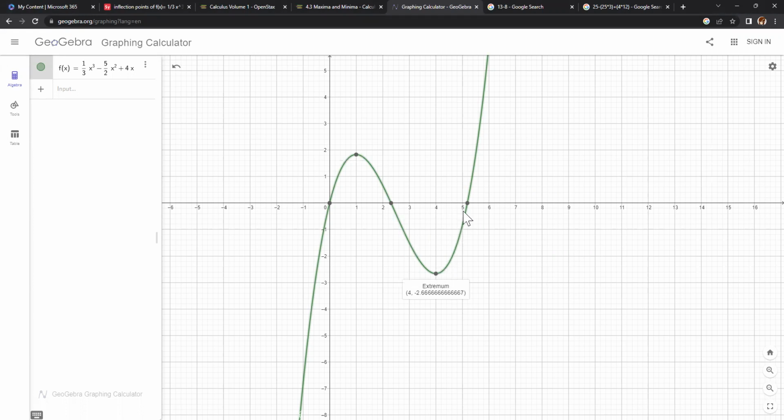And then it starts increasing again forever. And we see the point of inflection around 5 halves. So right here, you can see that it switches from concave down to concave up. So that is the series. I just did several videos where we determined how to find out information about a graph from the first and second derivative.